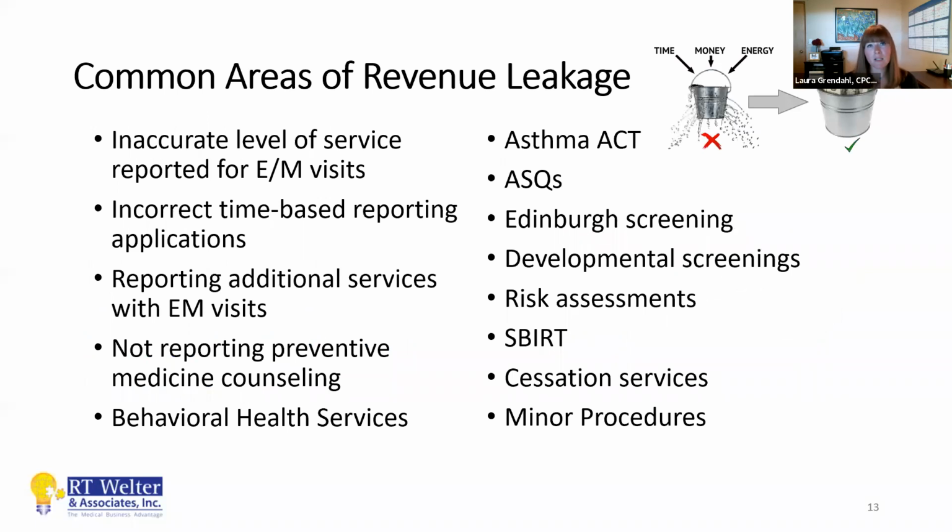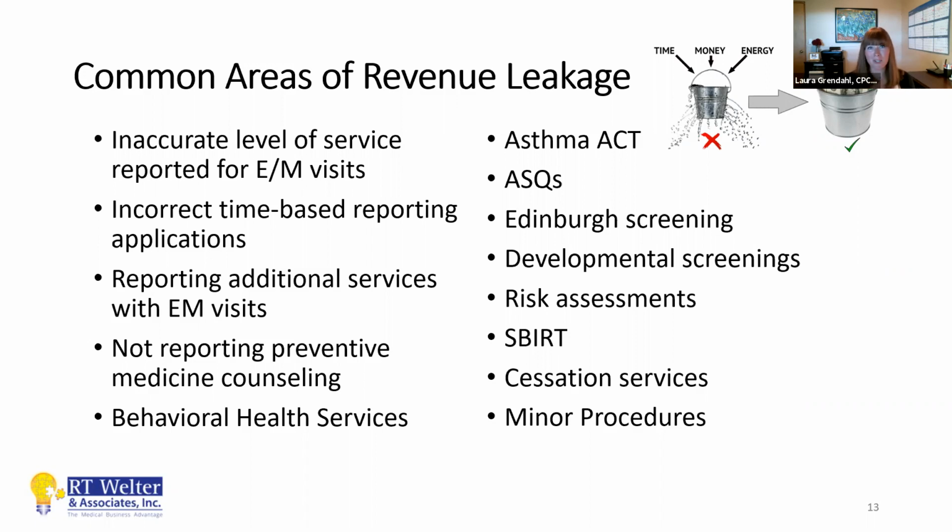Okay, now let's talk about common revenue leakage areas, okay? So when we talk about areas within the revenue cycle that we can possibly gain a little bit of traction, right? Kind of make sure that we're keeping our doors open.